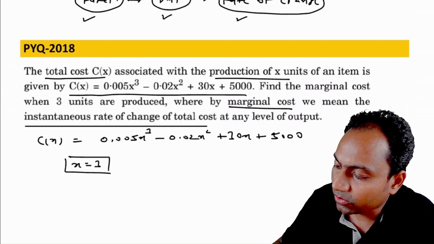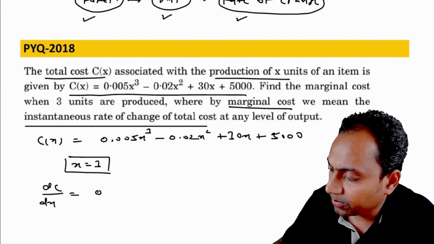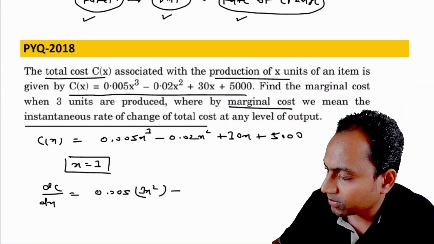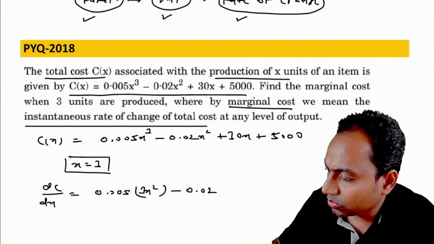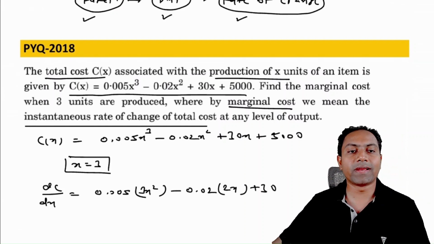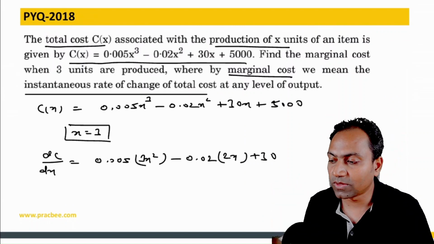So if I write it down, my dC by dx would be 0.005 into 3x square minus 0.02 into 2x plus 30. What I need to find is this value of dC by dx when x is equal to 3. So I will substitute the value of x as 3.